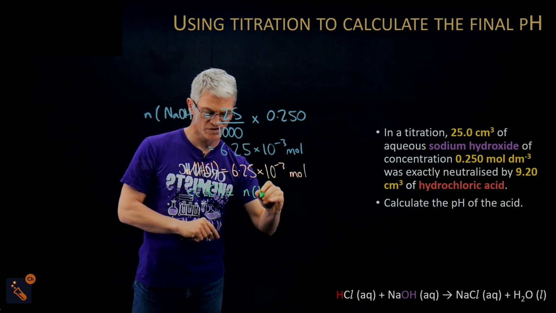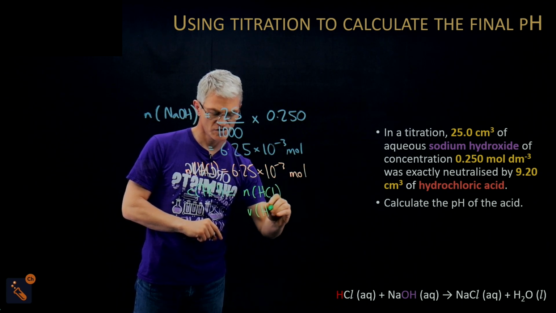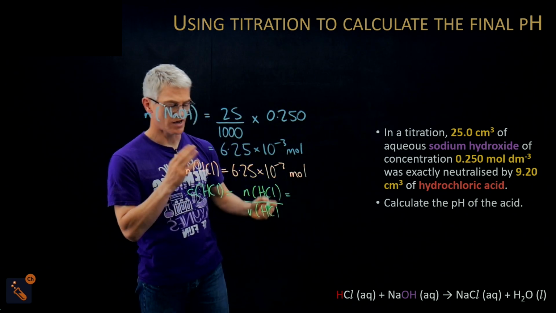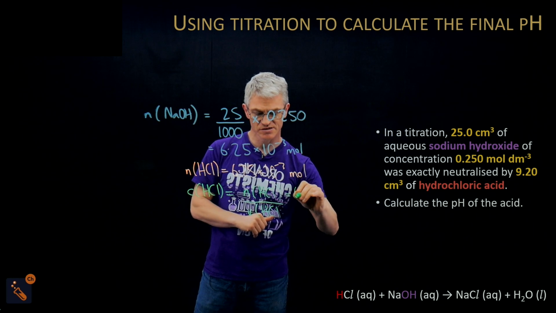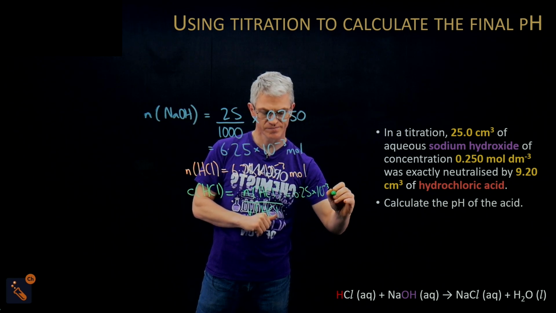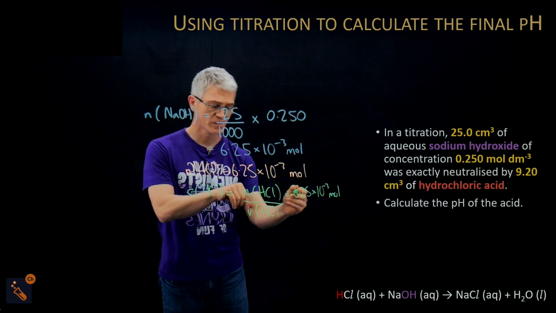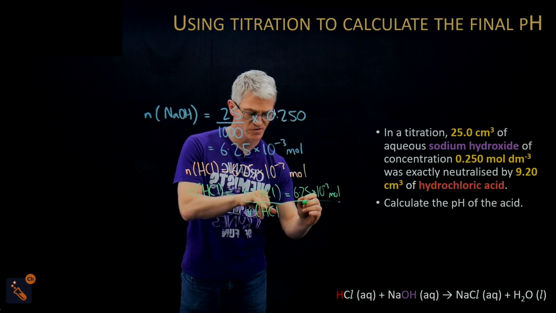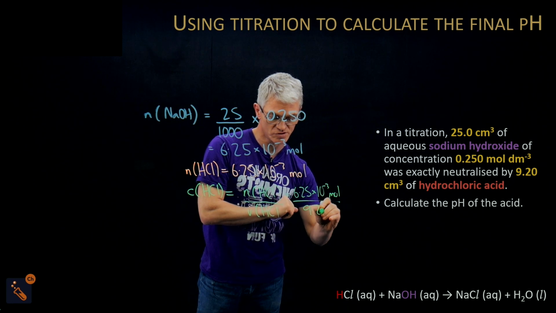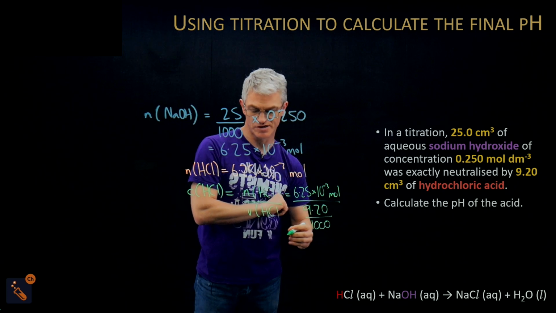So number of moles of HCl divided by the volume of HCl. Now the number of moles is 6.25 times 10 to the minus 3. And then the volume is over here, which is 9.2. Remember, we're doing it in decimetres, so it's 9.2 divided by 1,000.